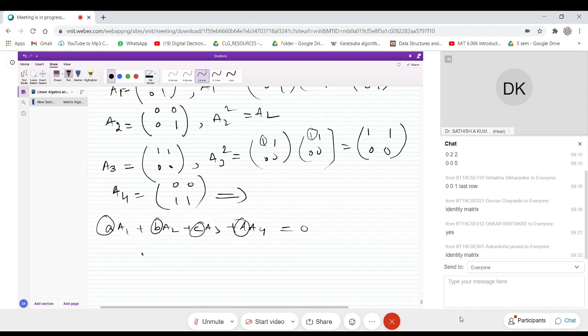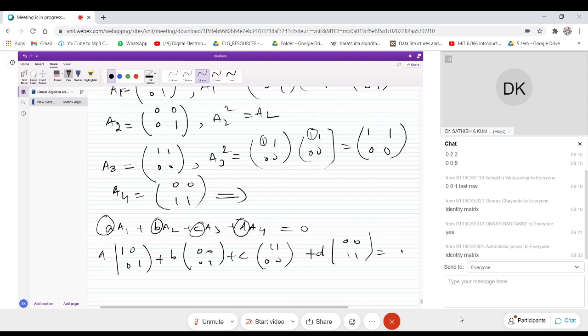It is already given in matrix form, so it is better to write in terms of this only. A should be multiplied with the matrix 1 0 0 1, B with 0 0 0 1, C with 1 1 0 0, and D with 0 0 1 1, and this we write equal to the zero matrix.